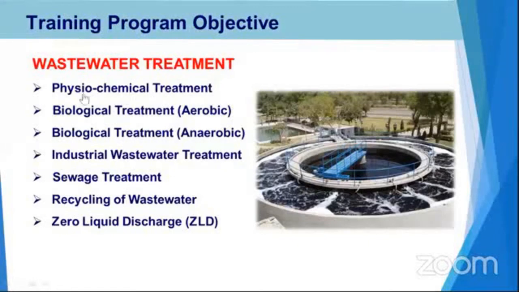In wastewater treatment, I will brief you today about what technologies are available and what type of treatment, and how we choose the treatment. First, there's physio-chemical treatment, the treatment through removal of suspended solids.